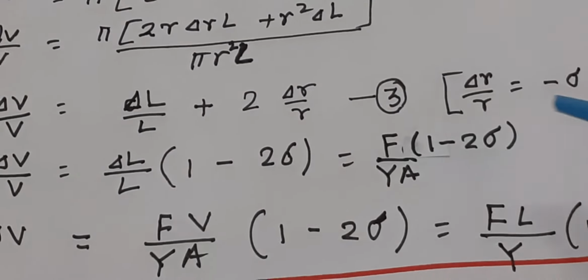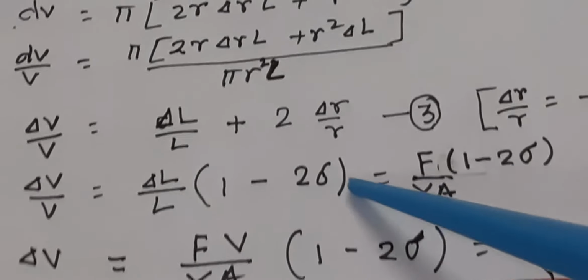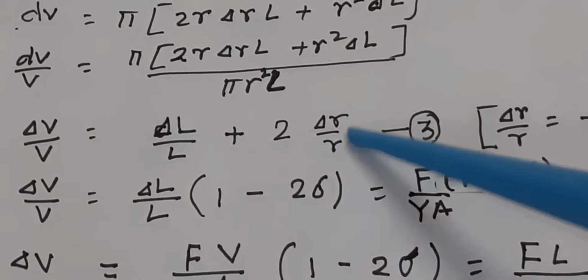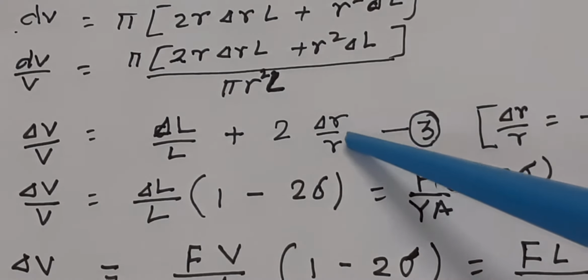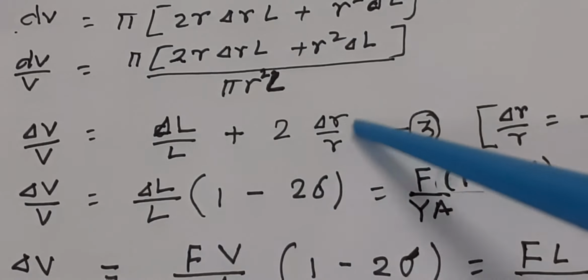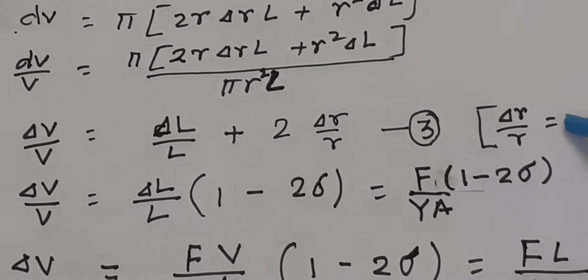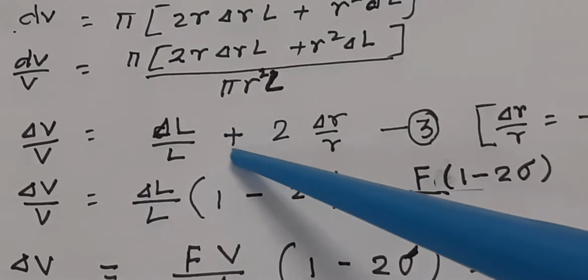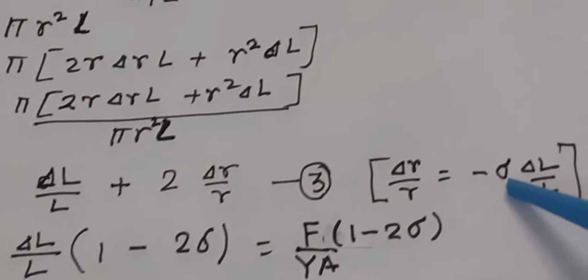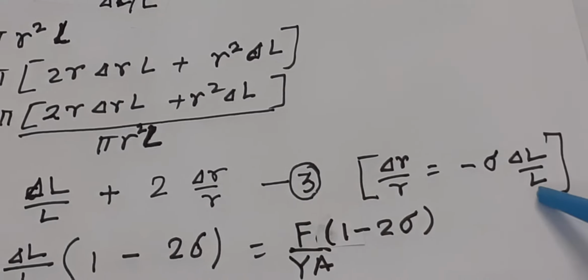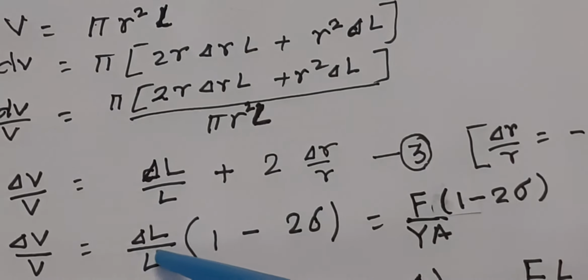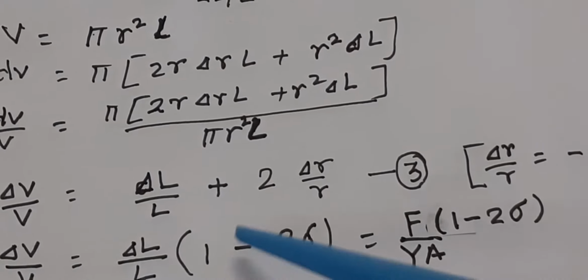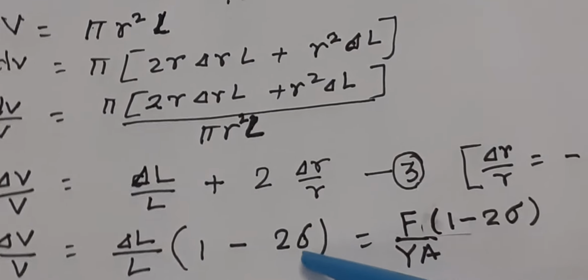So you can substitute here the longitudinal strain. If we substitute, this minus will come, and sigma delta L by L, sigma delta L by L, take out delta L by L, you will get 1 minus 2 sigma.